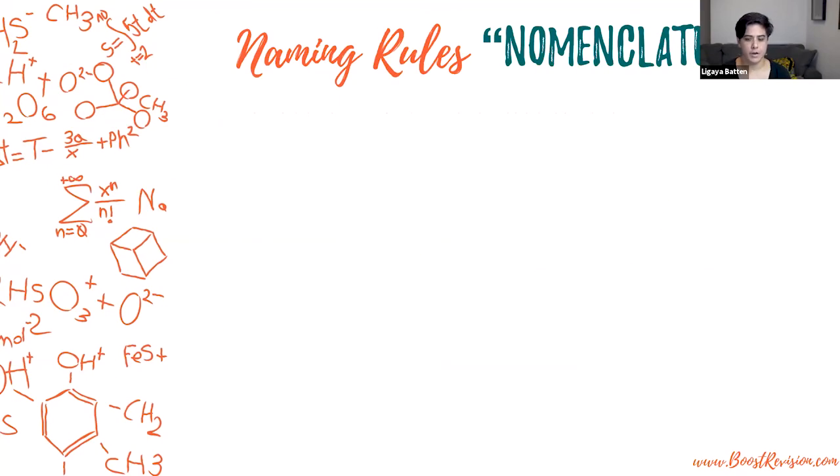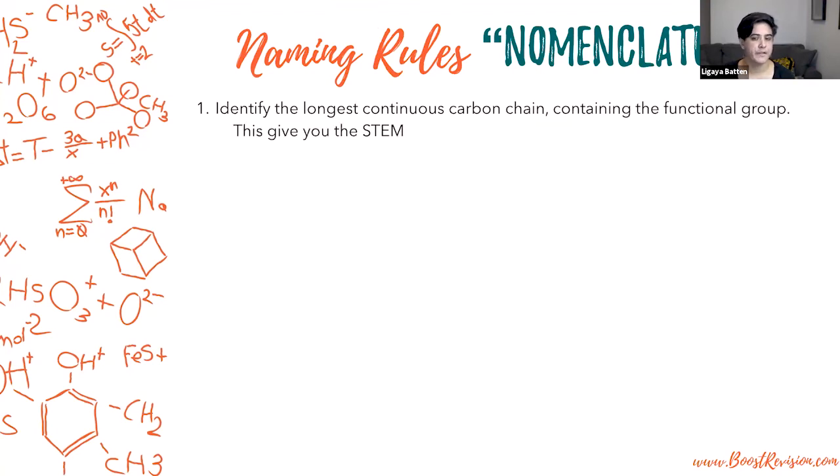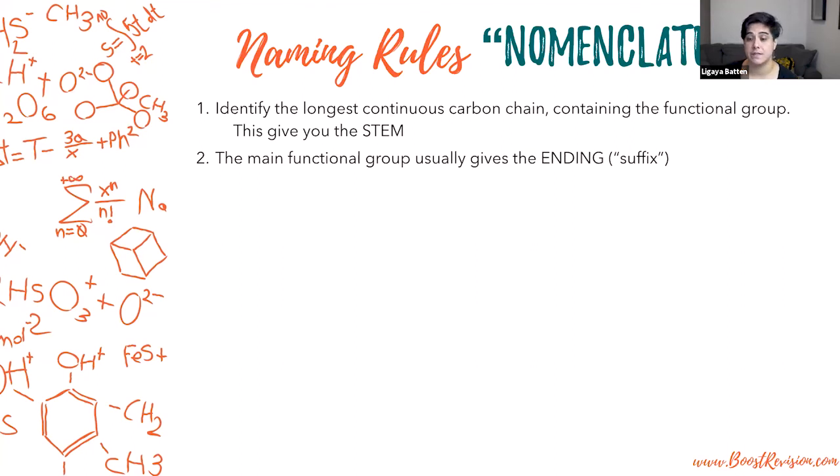So here are the key rules for naming organic compounds. The first step is to identify the longest continuous carbon chain containing your functional group, and this gives you the stem part of your name. With alkanes, for example, this is where you get the but-, etc. The main functional group usually gives the ending.